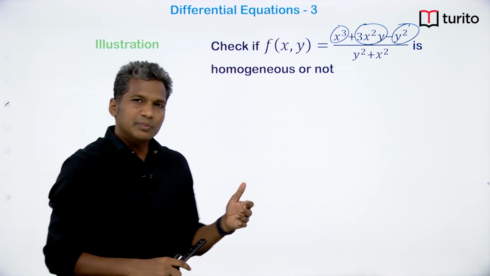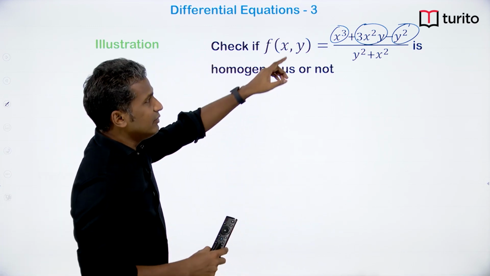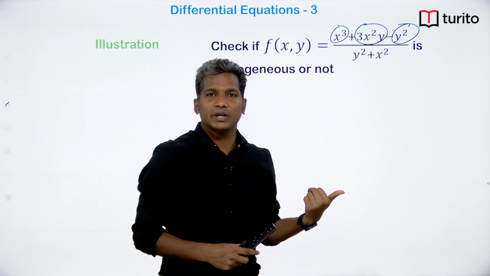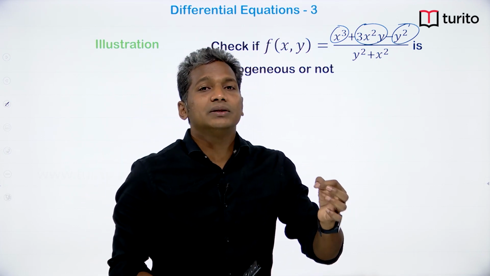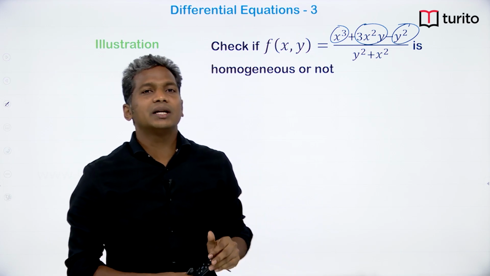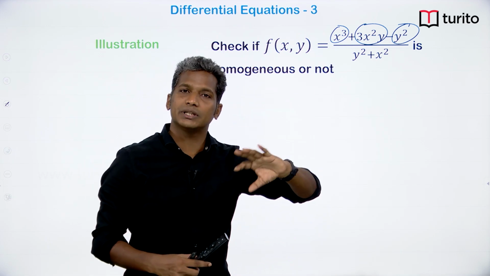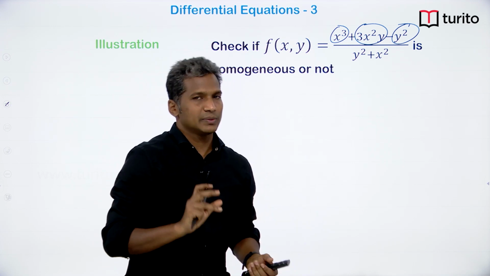So, this way sometimes by looking at it we can say. But even if the numerator has completely uniform degree and the denominator has completely uniform degree, there is also a need to check the degree of homogeneity. That is why you need to understand the effective degree of the numerator versus the denominator. So, of course, this is not a homogeneous expression.